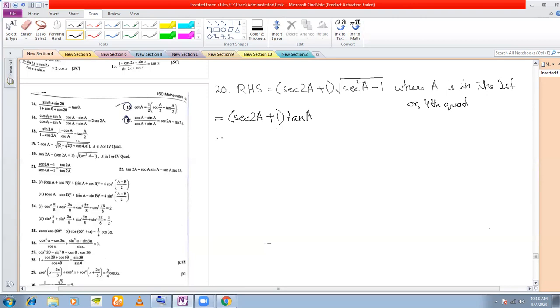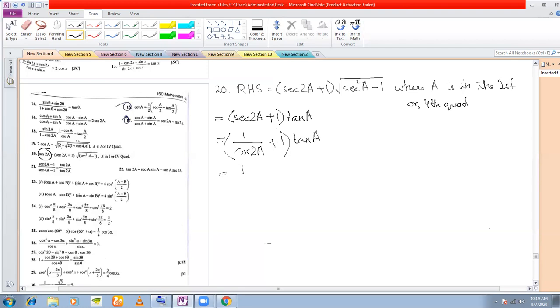Now, in the question you have a tan, so whatever you have on the right hand side you have to change to sine and cos. First of all, we change sec 2a to 1 by cos 2a, plus 1, into tan a.